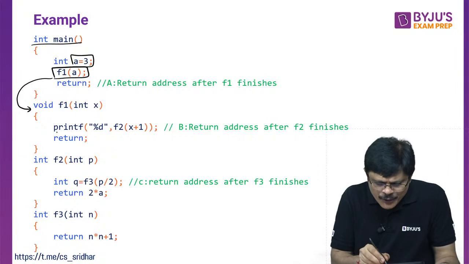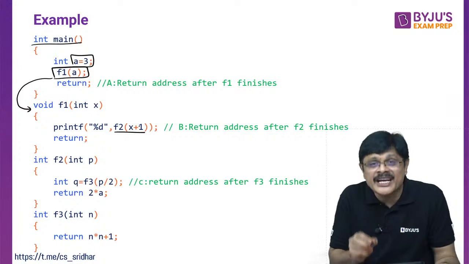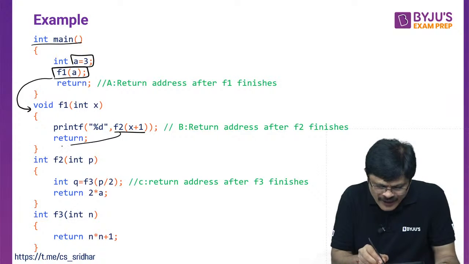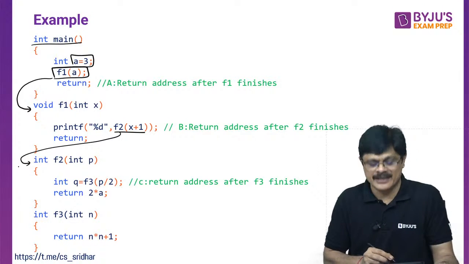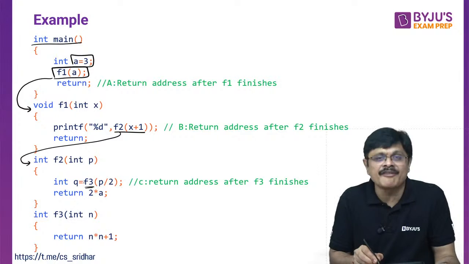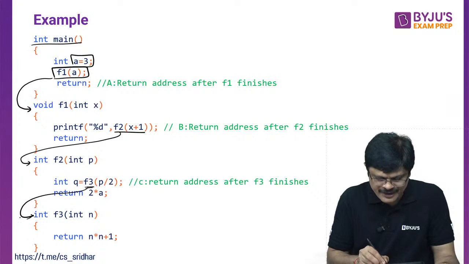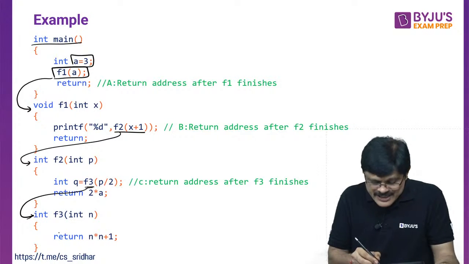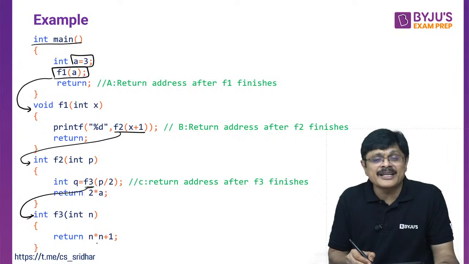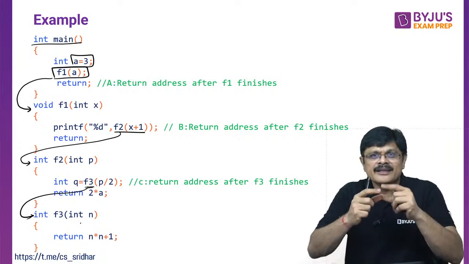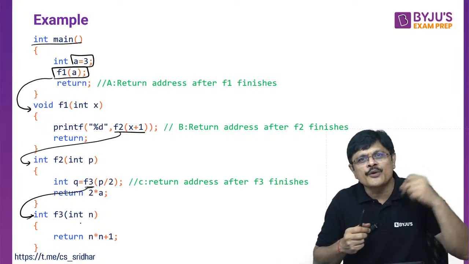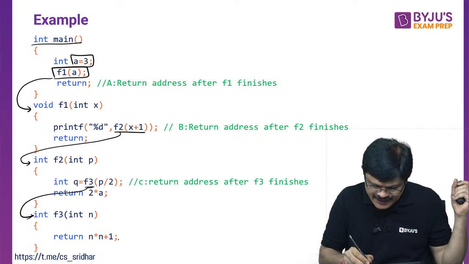And here what you are doing, printf, but here you are calling the f2 function, meaning the control is transferred to f2, my dear friends. And in this you are calling the f3 function. So the control moves to f3. Now what happens here, my dear friends, once this f3 activity is completed, the f3 part is done. So you have to remove the activation record of f3, then you come back here.